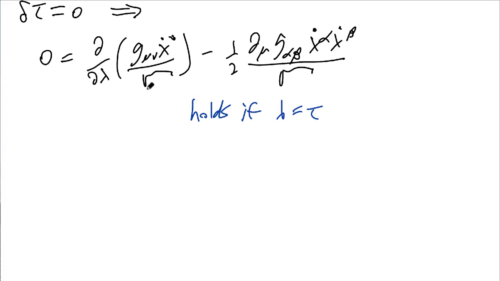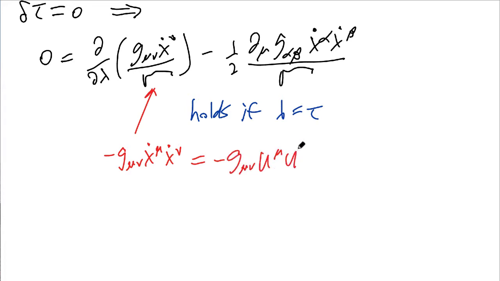And if you recall what the square root is, under the square root we had minus g mu nu x dot mu x dot nu. So if lambda is proper time, then x dot is just the velocity. So this is the inner product of the velocity with itself, which is always equal to minus 1. So we have minus minus 1, which is 1. So the square roots here and here go away because they're the square roots of 1.